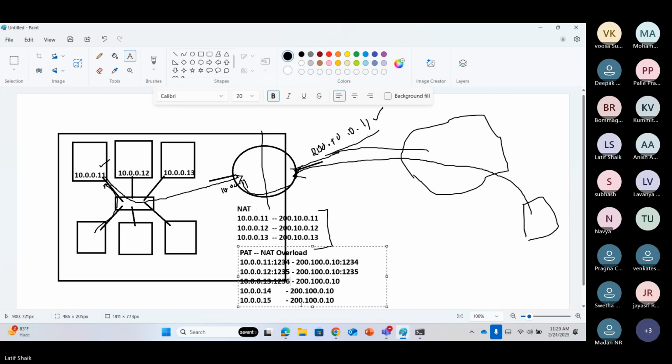So it's like that only. When these devices are communicating outside, they use this technique.